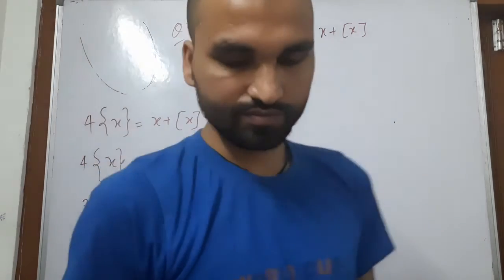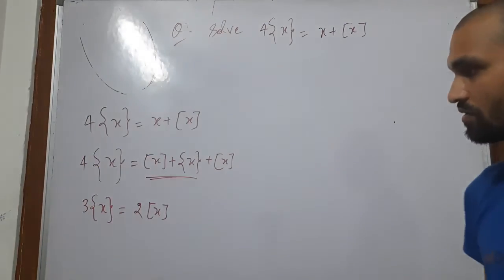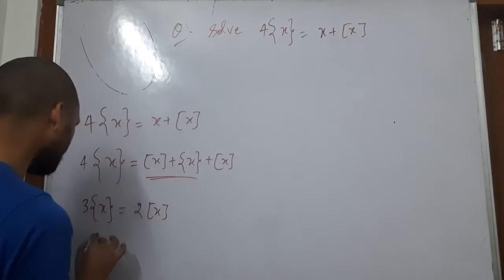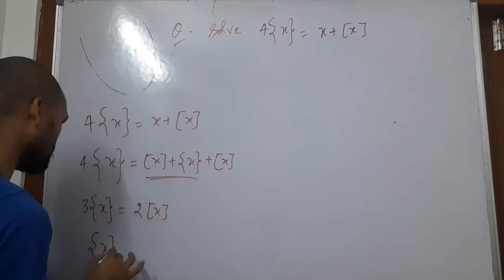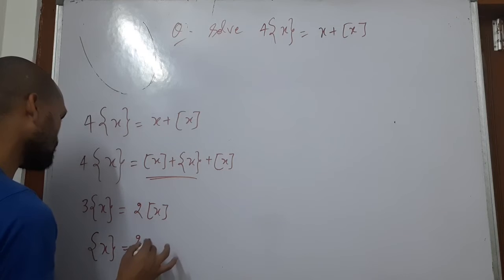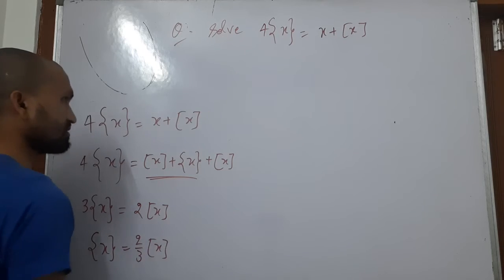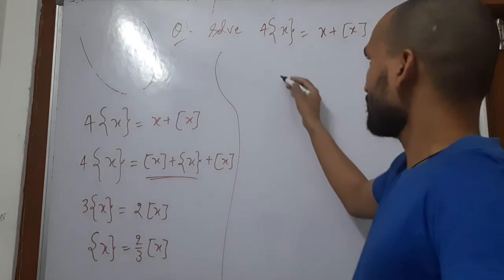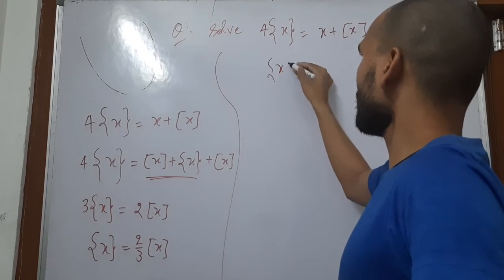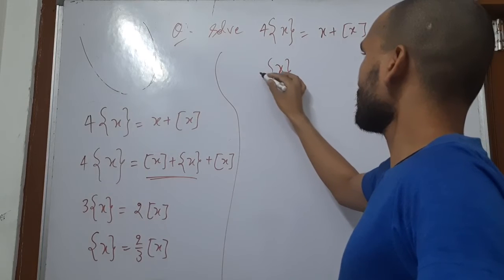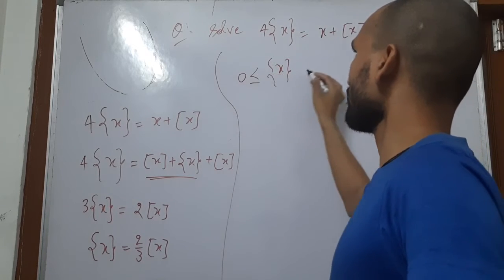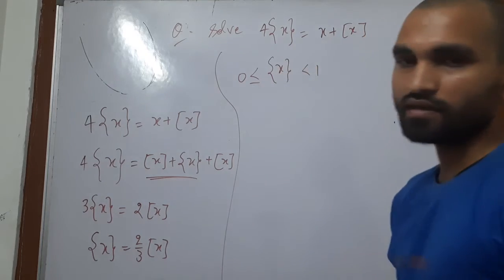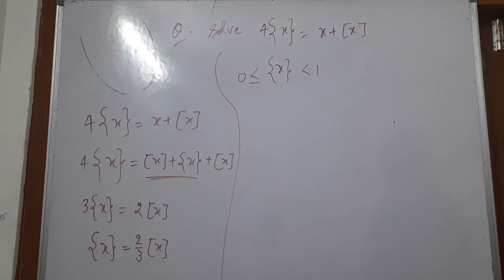Okay, friends. So now we have that fractional part x is equal to 2 by 3 greatest integer x. Okay. As we know, fractional part x is always greater or equal to 0 and less than 1.